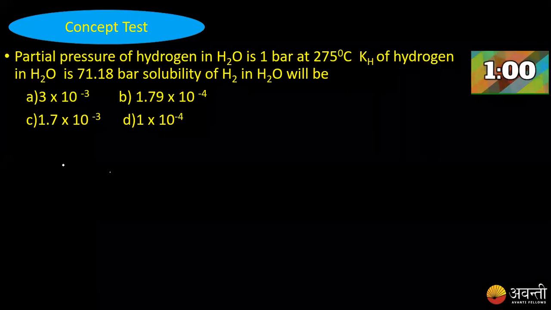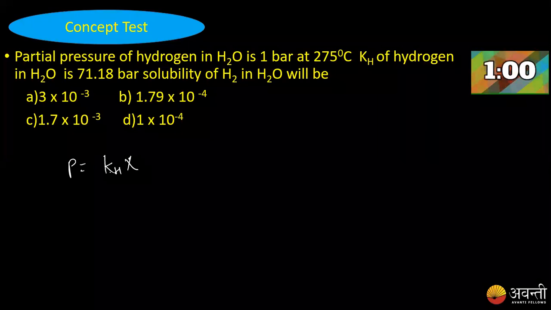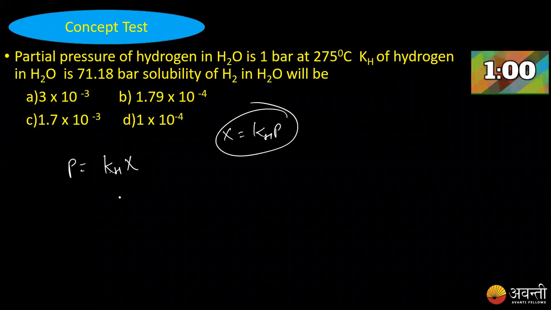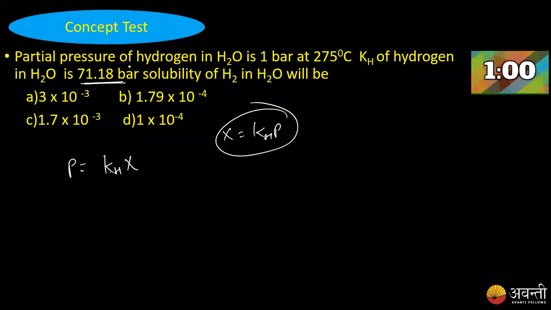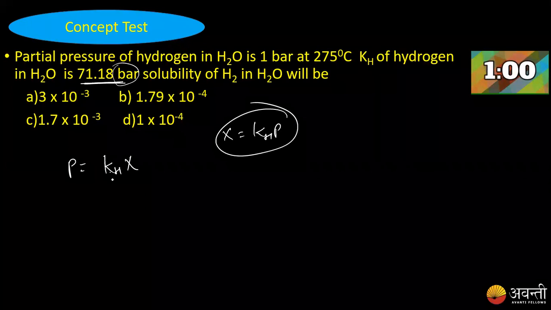As per Henry's law, P is equal to KH into X. Why are we using this particular equation and not X equals KH into P? Because in some places that equation is also given. The reason is that the unit of KH is bar, which is a unit of pressure.